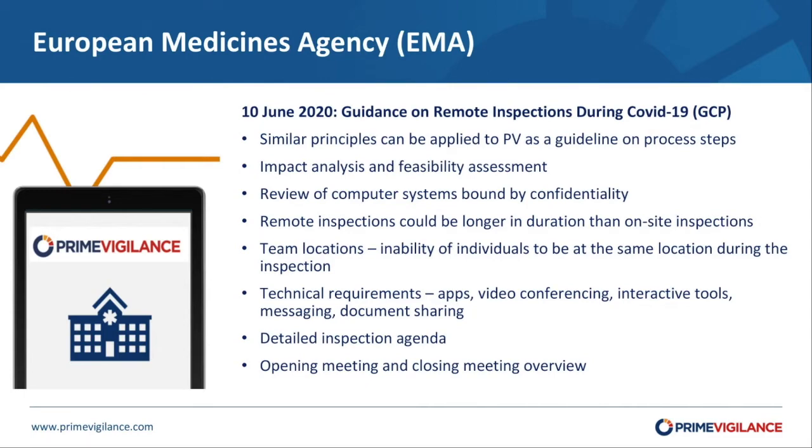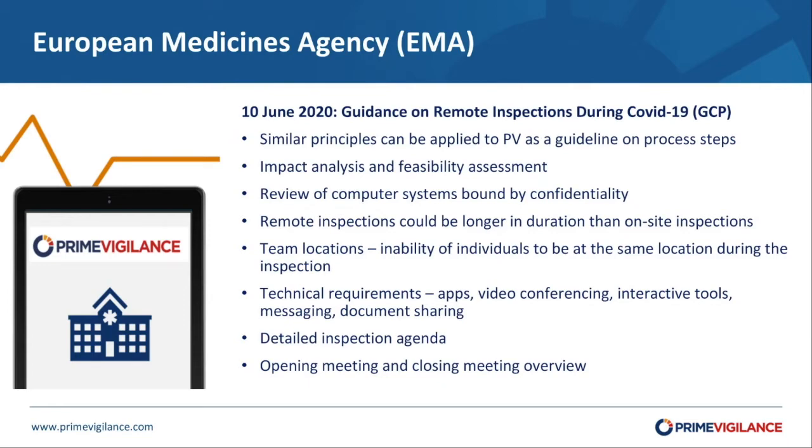Impact analysis and feasibility assessment is important. It gives you an idea of where to focus and what the risks are, as long as they follow a logical methodology. You need to be able to review your computer systems. So during any kind of inspection, you need to check your confidentiality policies in your company and what you're allowed to share, what data, and what is bound by confidentiality.